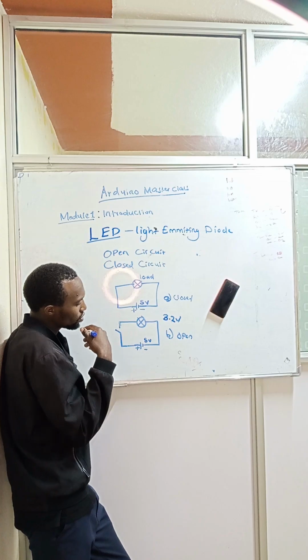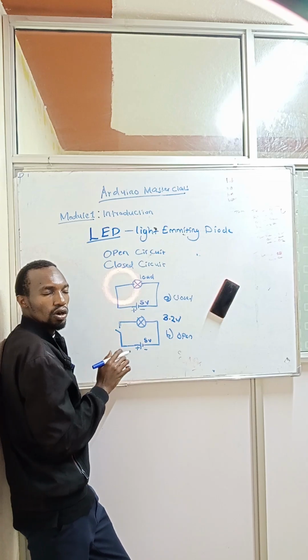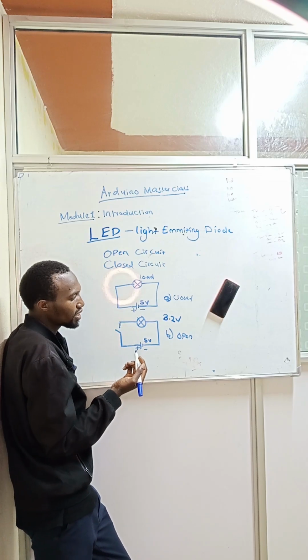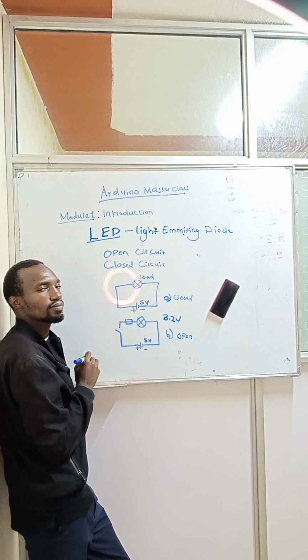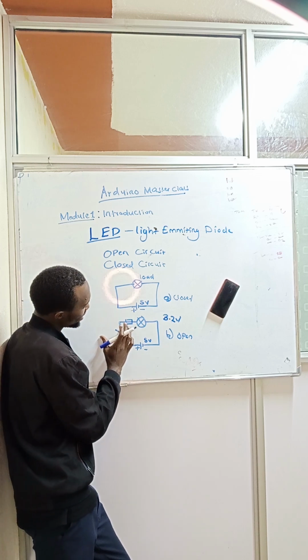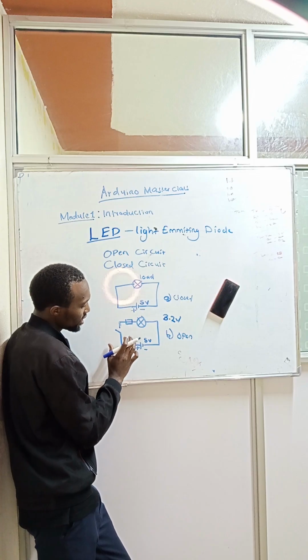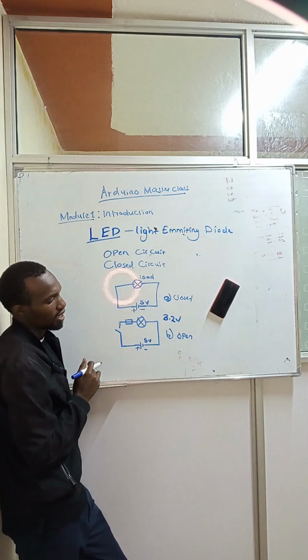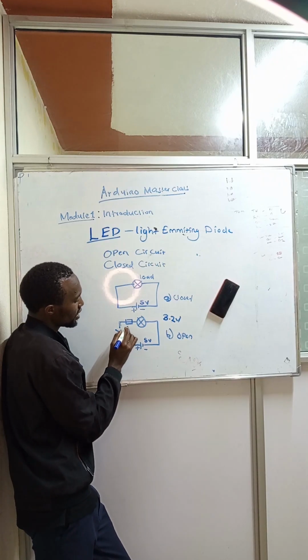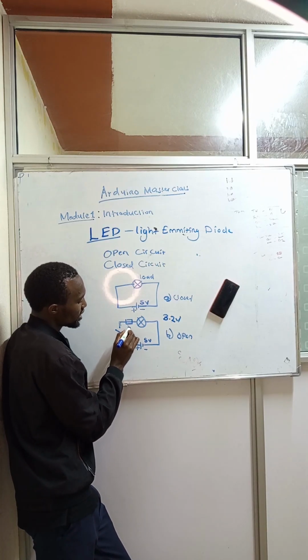So for us to avoid that, we are supposed to introduce a current limiting resistor here to resist excess voltage from reaching the bulb. So let's assume we use 330 ohms.